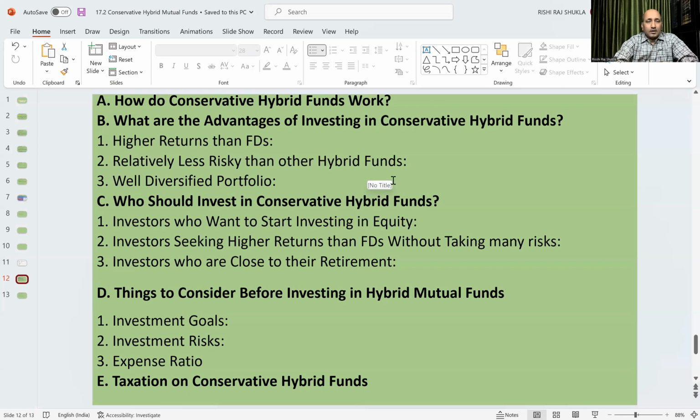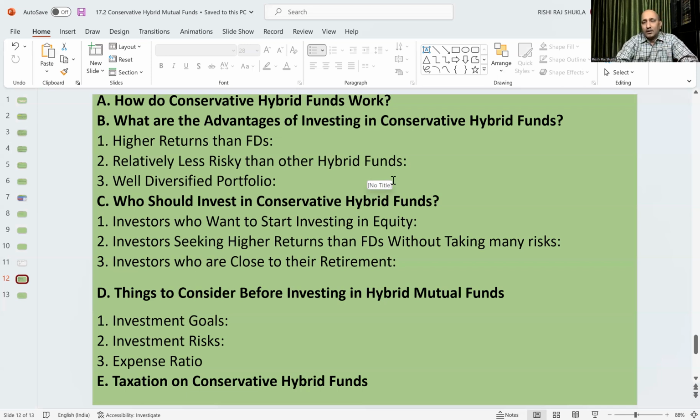And the third advantage is a well diversified portfolio because both debt and equity are there. So any investor who wants to have some equity exposure can get it from here. This is the first step beyond debt.